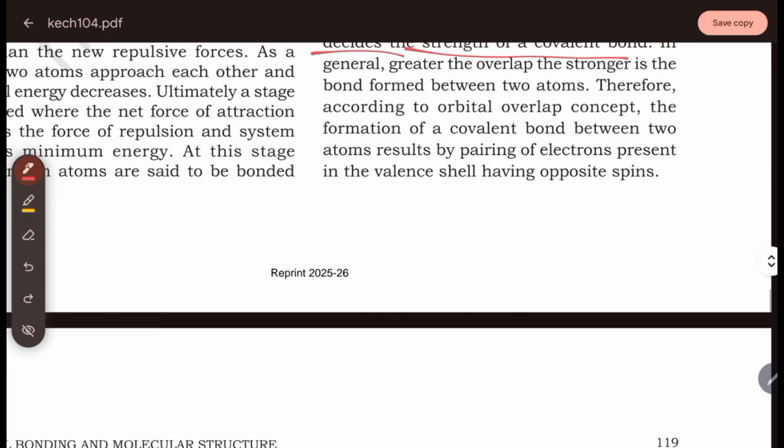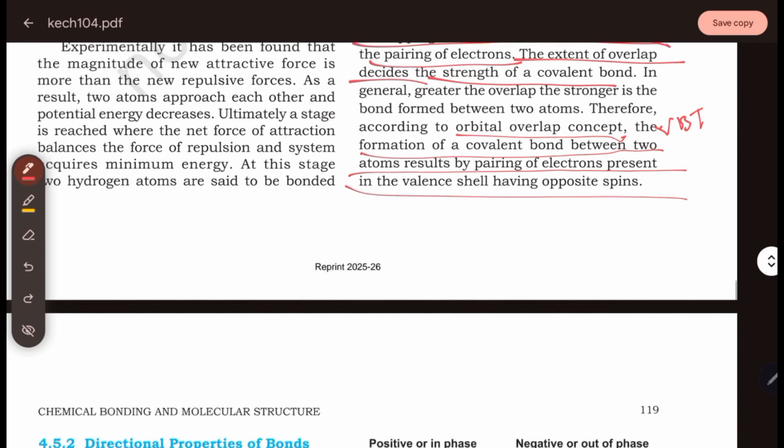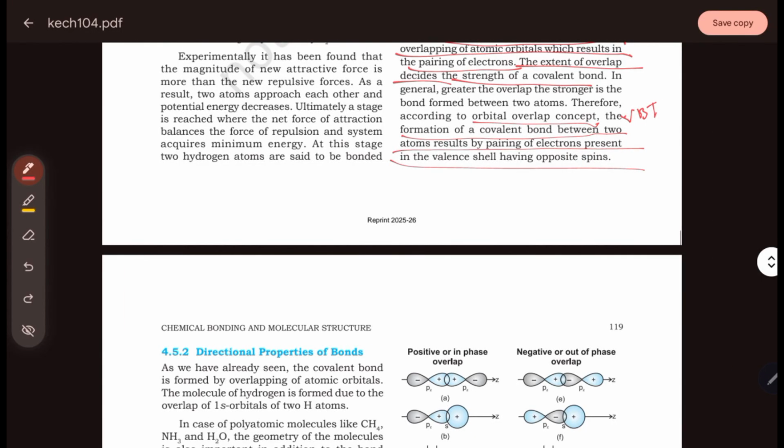Therefore, according to the orbital overlap concept, that is as per VBT, the formation of the covalent bond between two atoms results in pairing of electrons present in the valence shell having opposite spin. So the two electrons that pair up should obviously be of opposite spin.